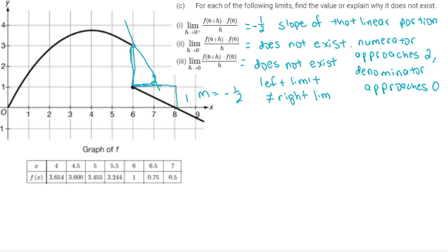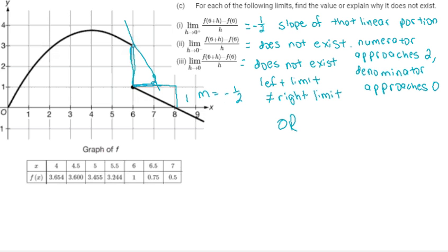I'm using a little bit of shorthand here. On an AP test, we'd want to write this all out all the way: the left-hand limit does not equal the right-hand limit as h approaches 0. Or the other thing we could say is that the limit does not exist there.